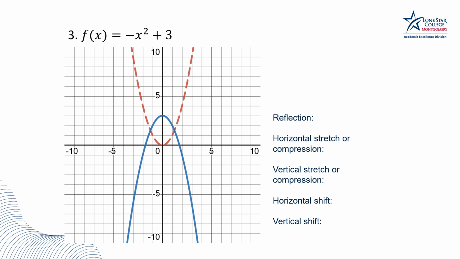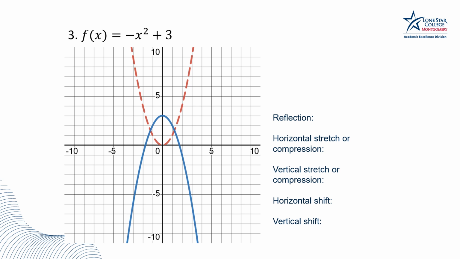Now you want to be careful when you're plugging it in this time. When you plug in x equals -1, you'd have negative (-1) squared plus 3. Following order of operations, you square the -1 first, which gives you +1, then you apply the negative to it, which gets you a negative again. So -1 plus 3 is +2.